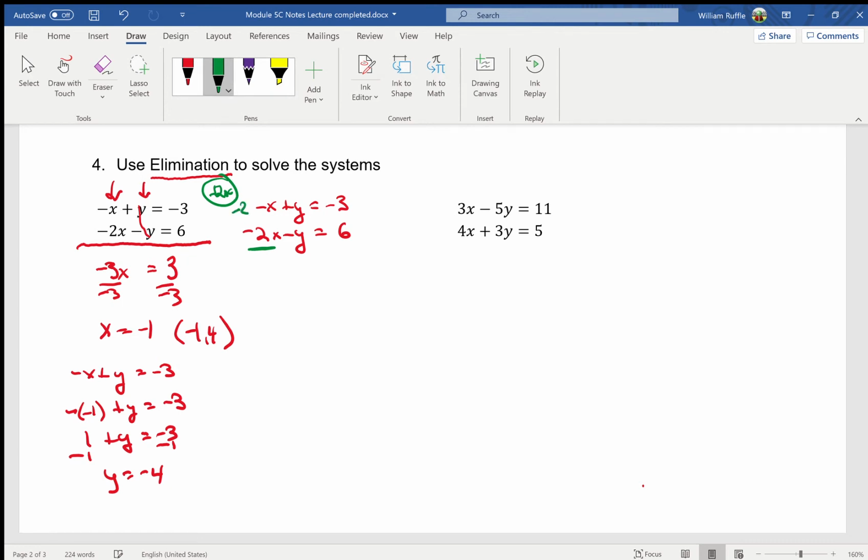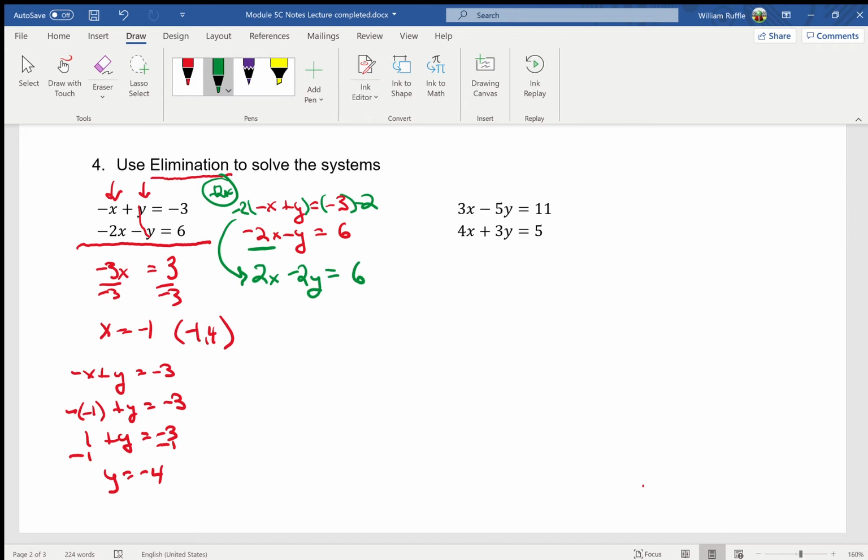But if I multiply everything by negative 2 in this equation, negative 2 times negative x, I'm going to rewrite it right there. That's positive 2x. Negative 2 times y is minus 2y equals negative 3 times negative 2 is positive 6.